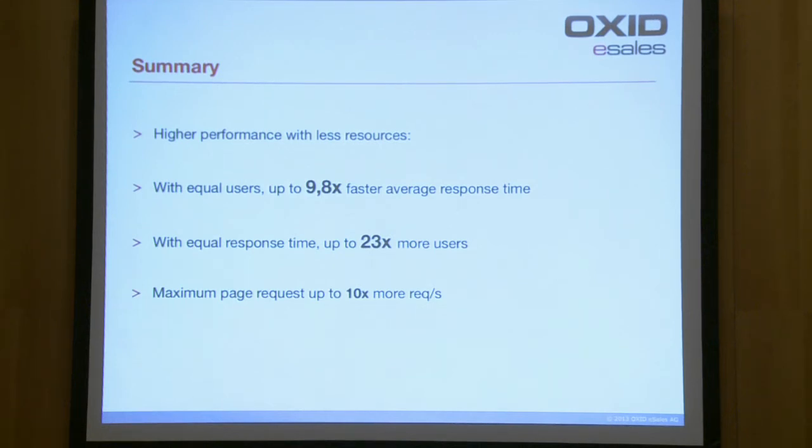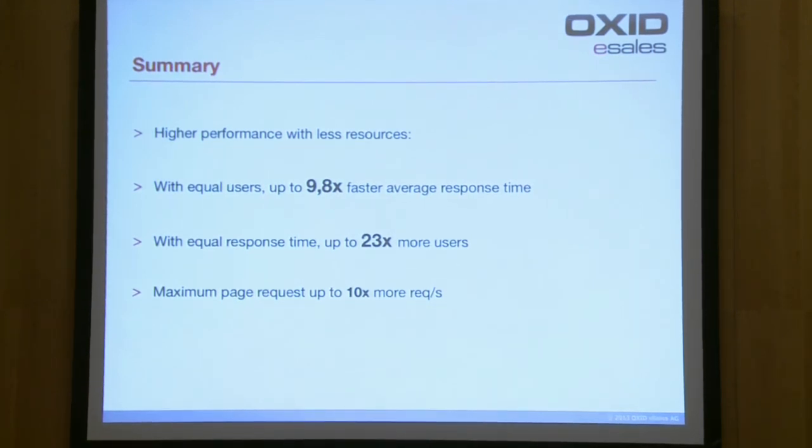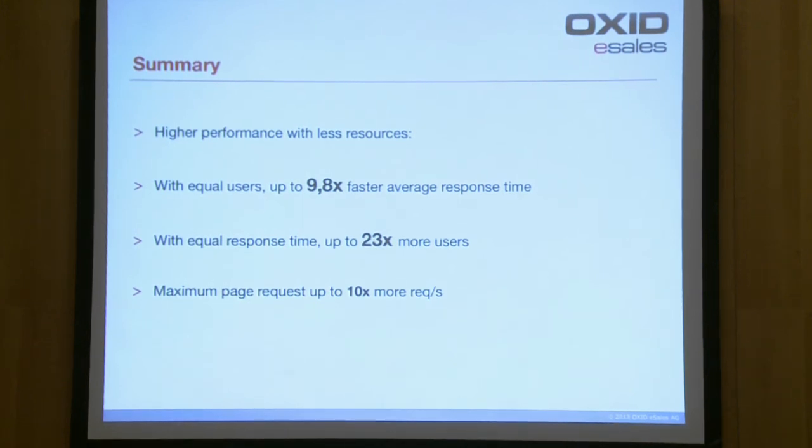Okay, so the basic conclusion is you have a lot higher performance with a lot fewer resources than you did with the same shop configuration, the same basic shop system, than the 4.6.5 had or the ones earlier than that. However, your mileage may vary. What you really need to know, even with your exact same database, is that this was all tested without modules.